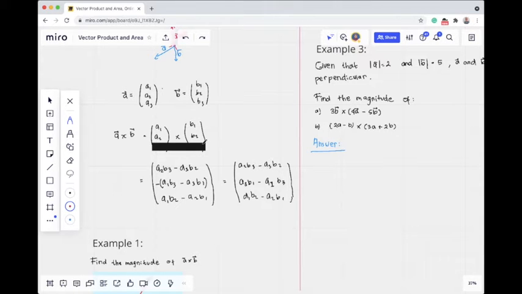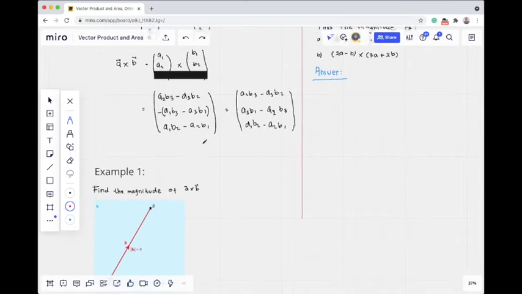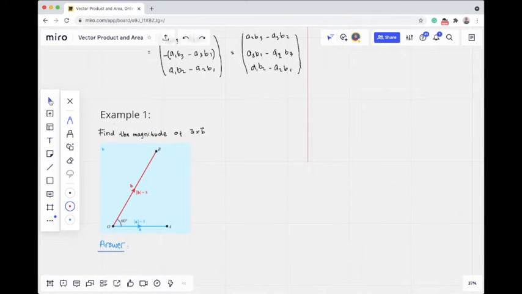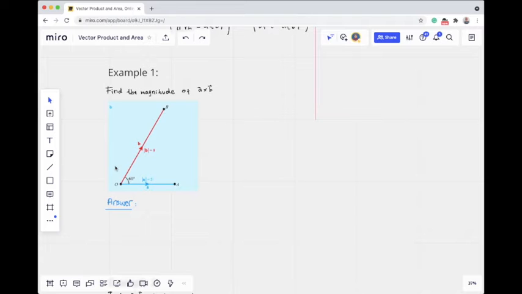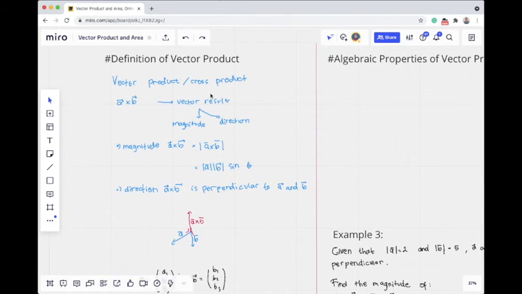Okay, then let's try some example questions. Example 1. Find the magnitude of vector A cross B. We know the magnitude of A cross B is the magnitude of A times the magnitude of B sine theta.